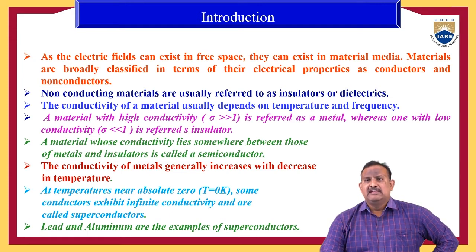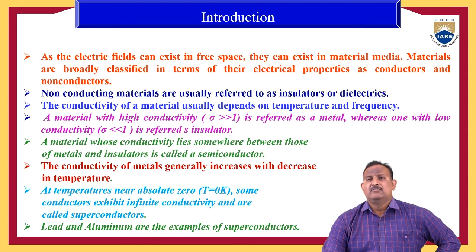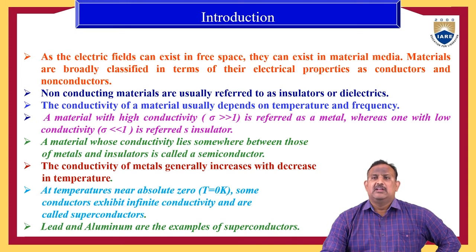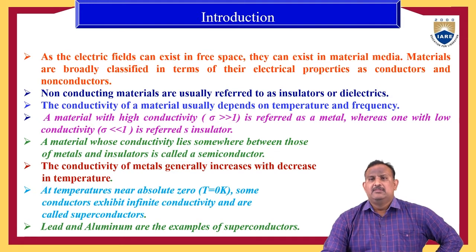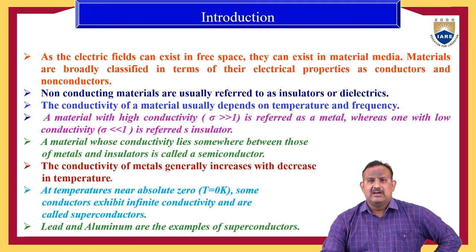The conductivity of metals generally increases with decrease in temperature. So let us assume temperatures near absolute zero. At absolute zero temperature, some conductors exhibit infinite conductivity and are called superconductors.